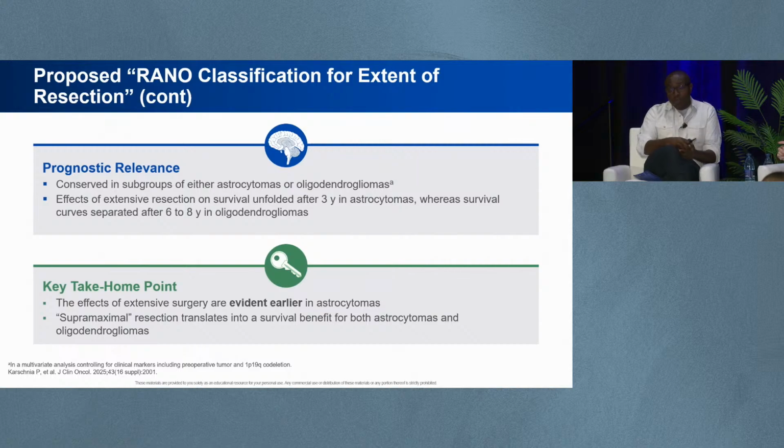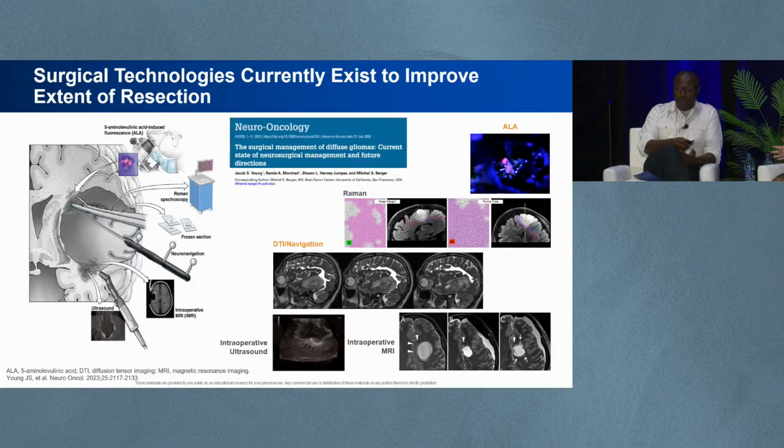And so the key take-home points really are that extensive surgery does clearly show evidence, but evidence of greater benefit even earlier in patients with astrocytoma. This supramaximal resection translated into a survival benefit. Now we know both for patients with astrocytoma and oligodendroglioma, which is different from prior.